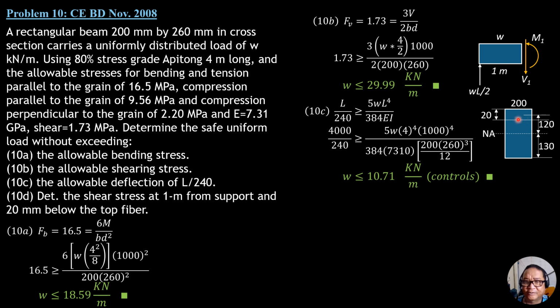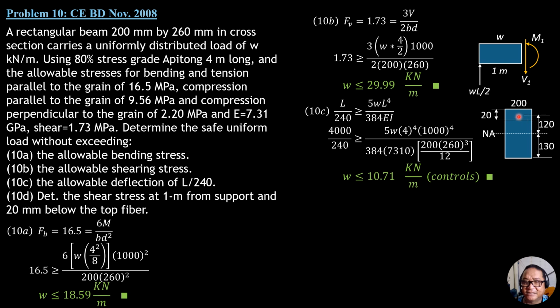So we want to find the shear stress at this section, 20 mm below the top fiber. And the neutral axis is half of 260, so 130 mm either from the bottom fiber or from the top fiber. So 130, so that's also 130.